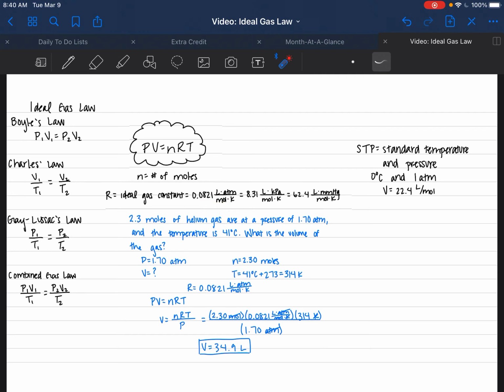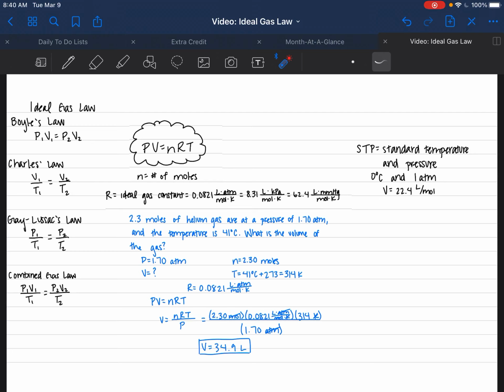We also discussed standard temperature and pressure. That is when you have 0 degrees Celsius and 1 atmosphere. You'll have practice problems that say, given standard temperature and pressure, what is whatever variable you're looking for.